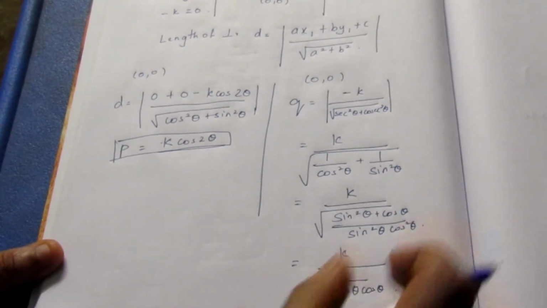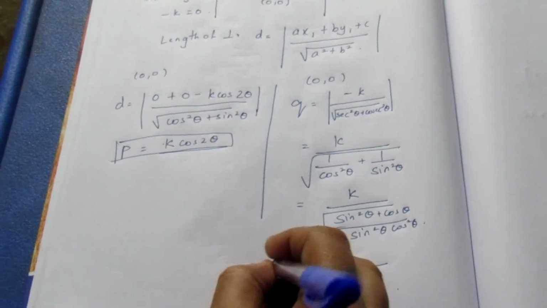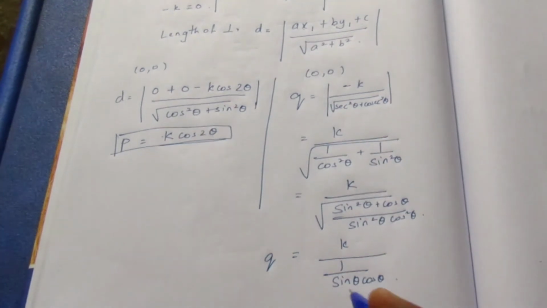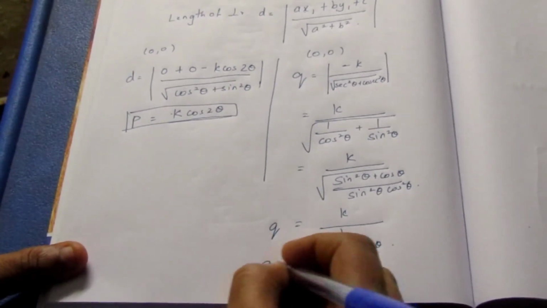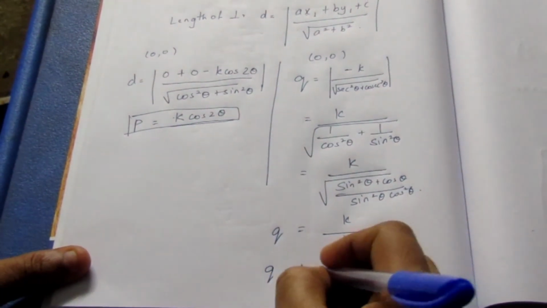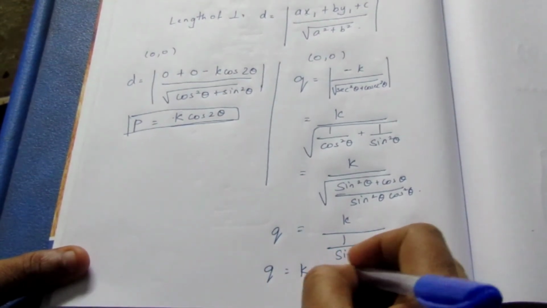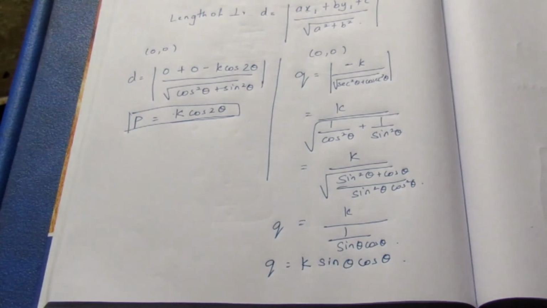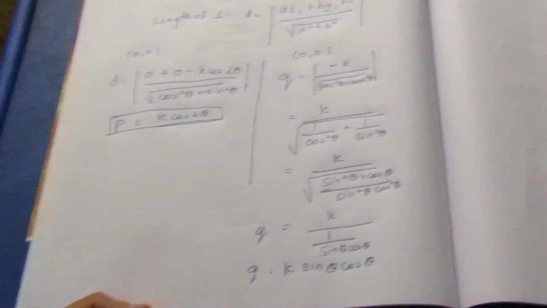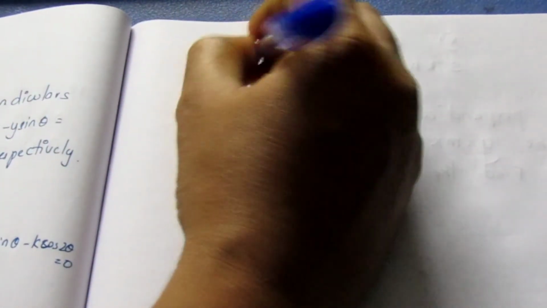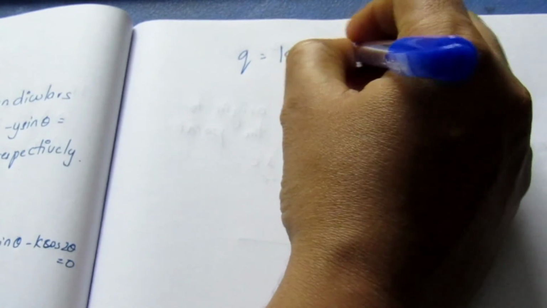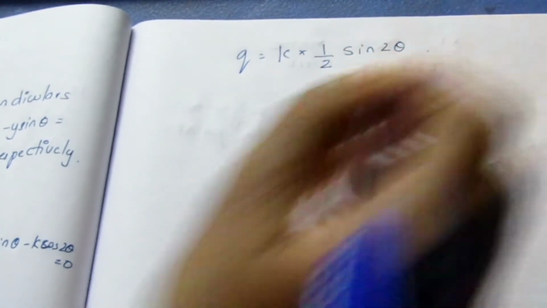Taking sin theta cos theta to the numerator, it goes as a reciprocal. So q is equal to k sin theta cos theta. Instead of sin theta cos theta we can write q to be equal to k into 1 by 2 sin 2 theta, because it is the formula of sin 2 theta.